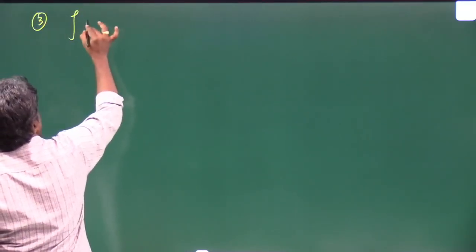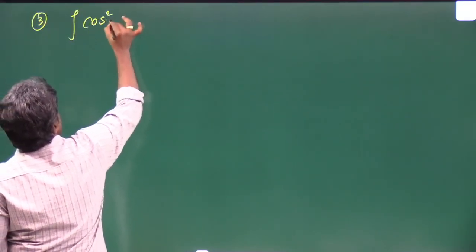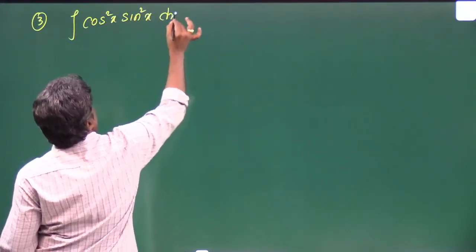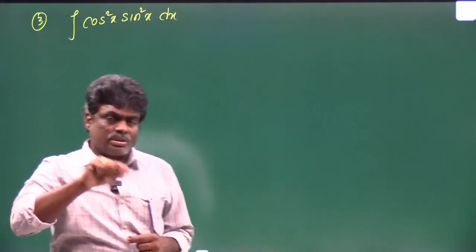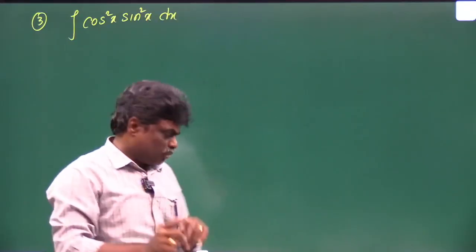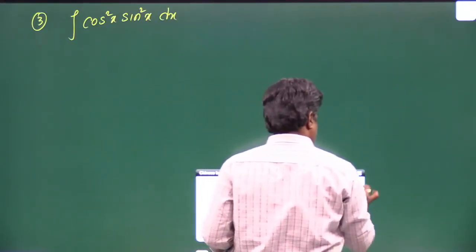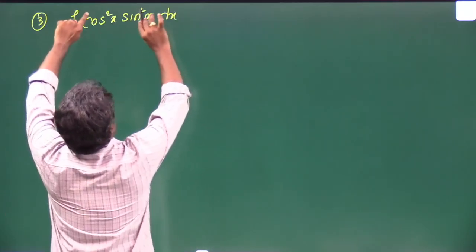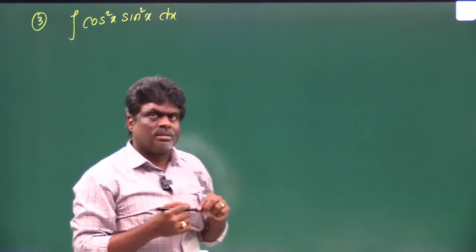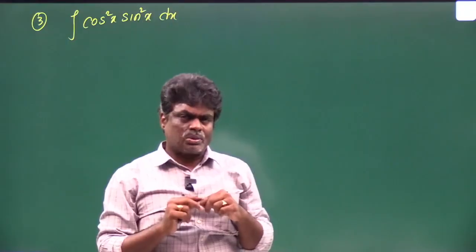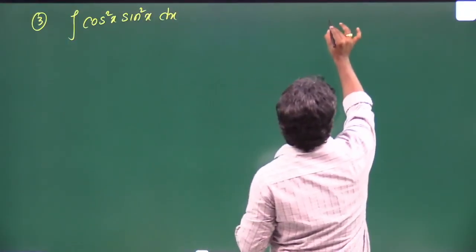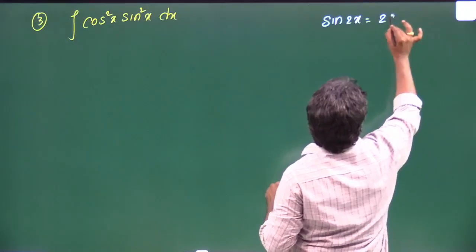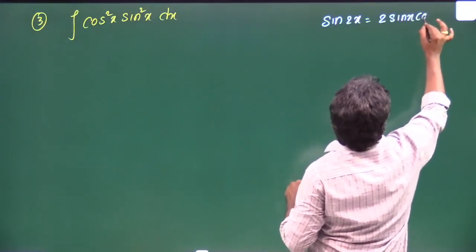Here we have the integral of cos square x and sin square x, both are there: cos square x into sin square x dx. How to do this? Again we have to take the help of a trigonometric function. I think here we can write it as cos x sin x whole square. Somewhere we have seen this: sin 2x equals 2 sin x cos x.